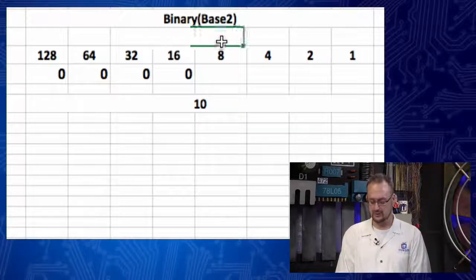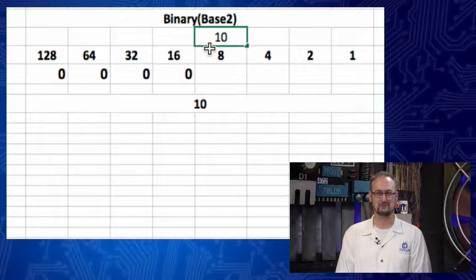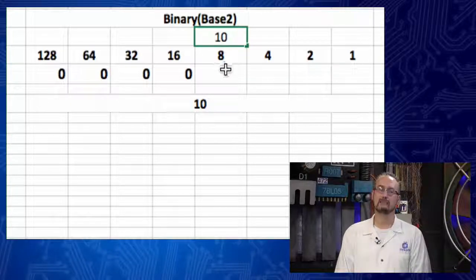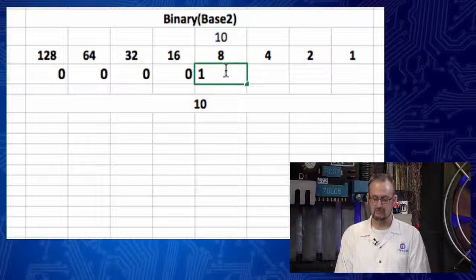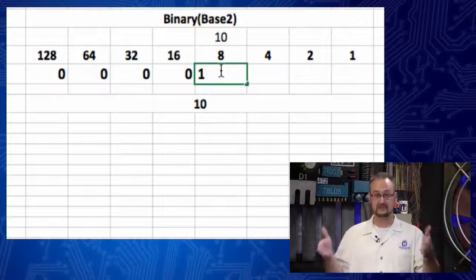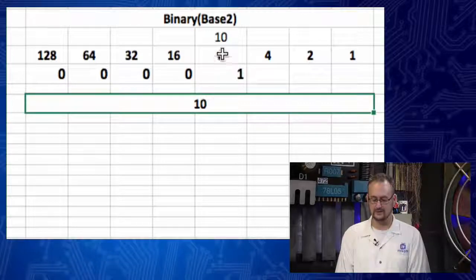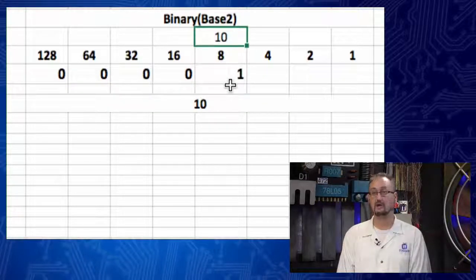But notice when I get to 8, if I put 10 over it, I could subtract 8 from 10. It works, so that becomes our very first binary 1 within this 8-bit octet. When that happens, keep in mind that we now have a remainder of 2.